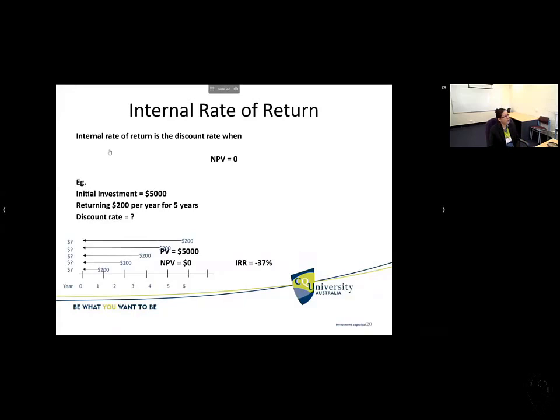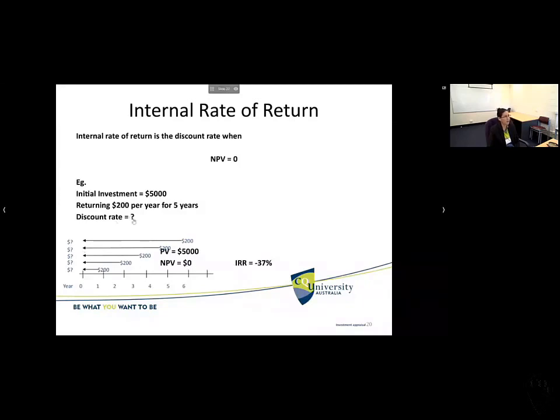Okay, so remember, internal rate of return is the discount rate when net present value is zero. So if we take the previous example, the original one that we looked at, investing $5,000 and returning $200 for 5 years, and we try to find the internal rate of return that will make the net present value equal to zero. So what is the discount rate?